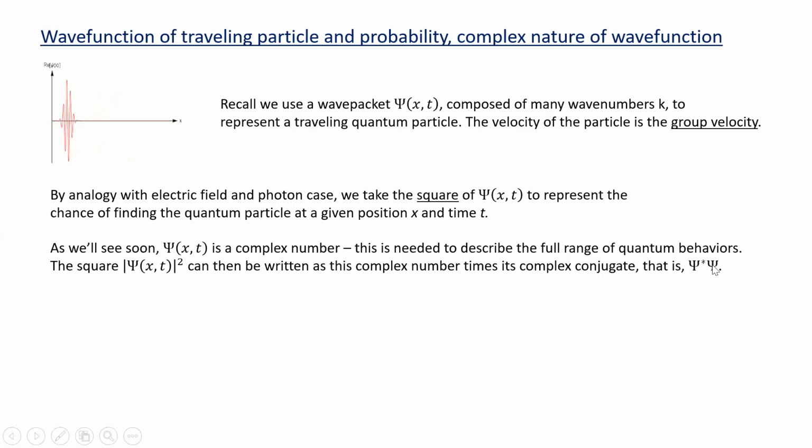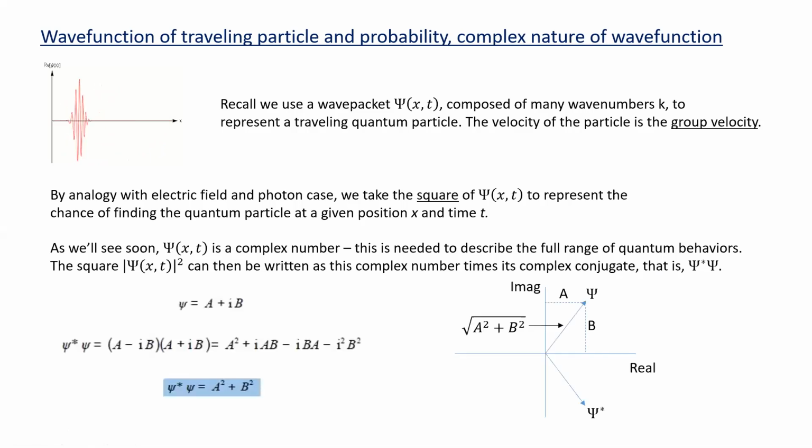Let's review this a little bit in case you're rusty on complex numbers. I'm claiming that psi is a complex number. It would have a real part a plus an imaginary part b times i, which is the square root of -1, the unit imaginary part.